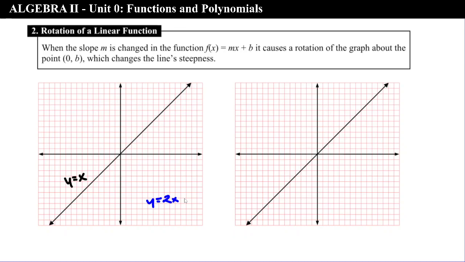Well, our y-intercept is still 0. So we can start our graph right here at the origin. Now we are going to take our new slope, which is 2. So that means we are rising 2 and running 1. Rising 2, run 1. And I'm just going to follow this pretty much to almost the end of the graph here.